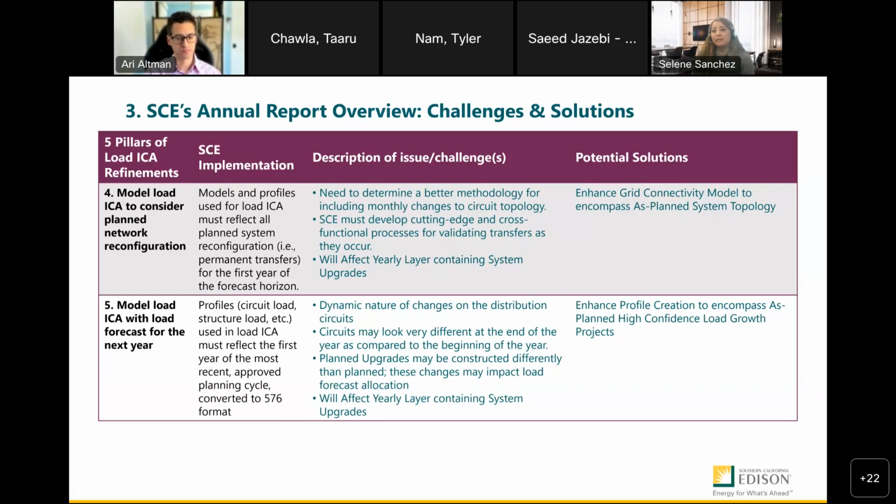And this may affect the way system upgrades are, it may push system upgrades forwards or backwards depending on the needs and the dynamic changes in the distribution. So what we're looking to do is enhance our profile creation to include the as-planned high confidence load growth projects, as well as to include the forecasts for our loads.